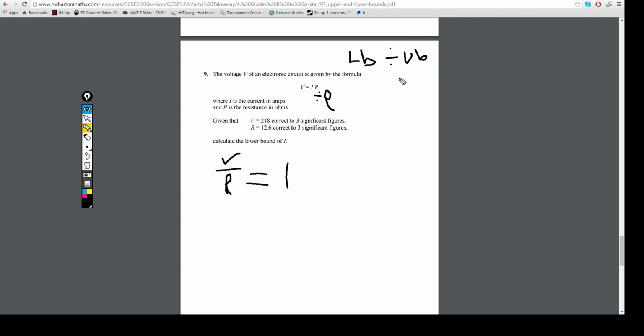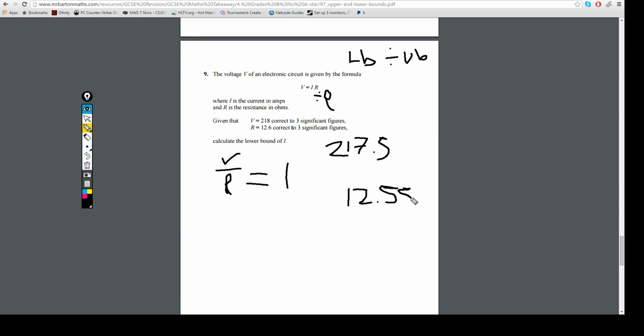Okay, so first of all, we've got to calculate the lower bound of V. The lowest bound we can have is 217.5. I believe that is correct. And the lowest one on here is 12.55.